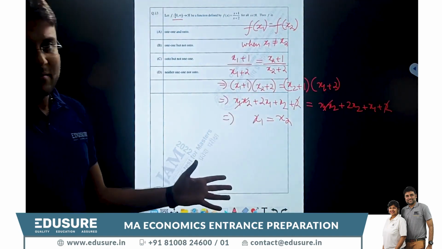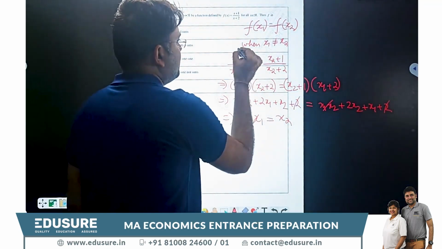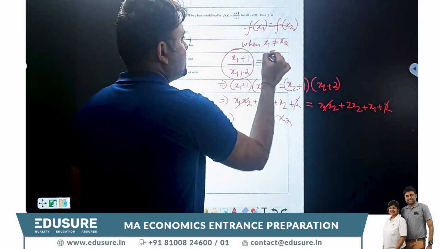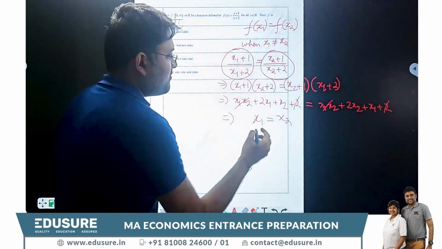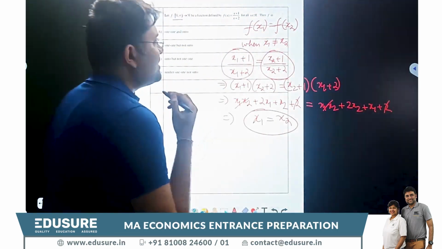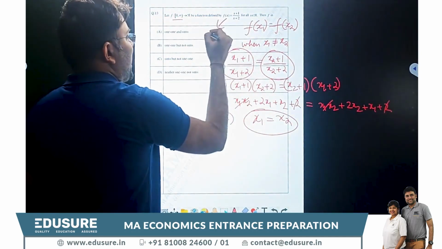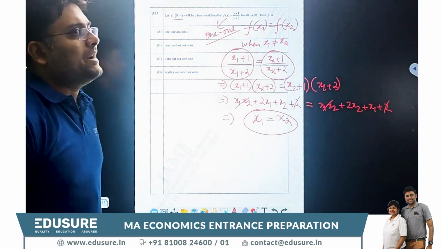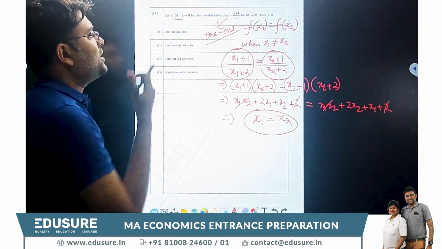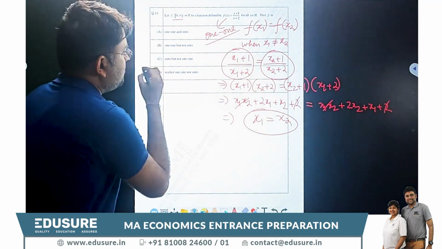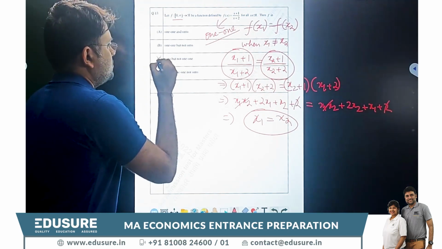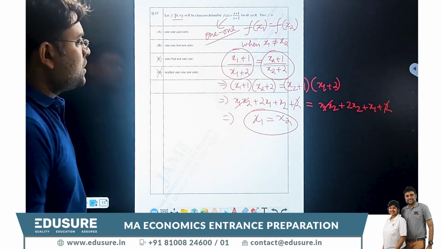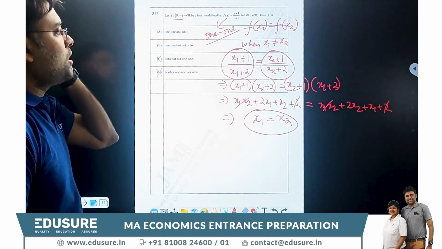What does this mean? This basically means that x1 plus 1 by x1 plus 2 is equal to x2 plus 1 by x2 plus 2 only when x1 is equal to x2. Therefore, the function f has to be one-to-one. No other alternative. So the not one-to-one options are out. Now I need to check whether it is onto or not.